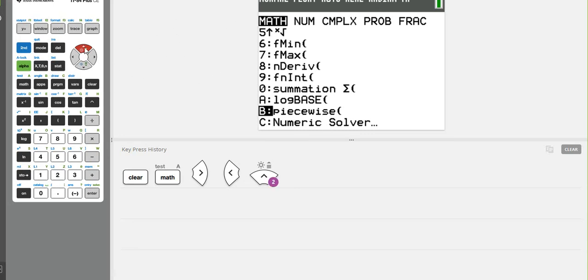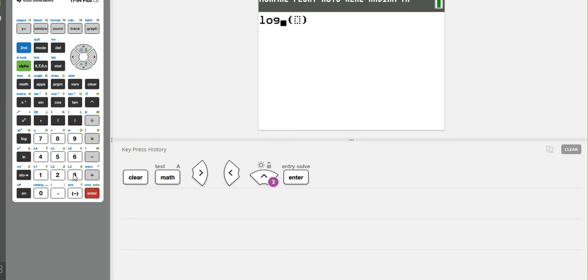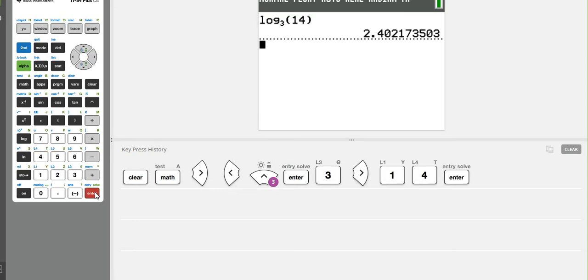So that would be log base. That's what you want. If you type the math key and then alpha and A, it'll jump you right down there. Log base 3 of 14, bam, 2.402, et cetera.